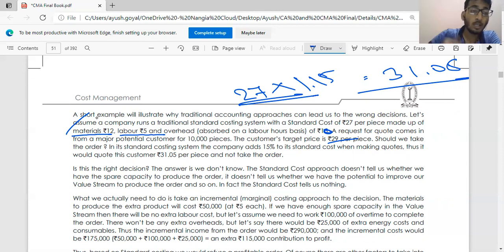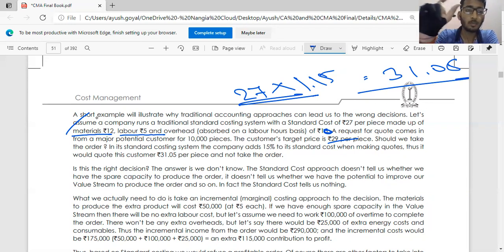Now, what we are doing in decision making is that we usually charge 3 rupees as a fixed overhead. Fixed overhead of what? Of machinery, like depreciation. So what are we charging? We are charging 3 rupees per piece on every product. Suppose the depreciation is 3,000 and we usually sell 1,000 units in the whole year.